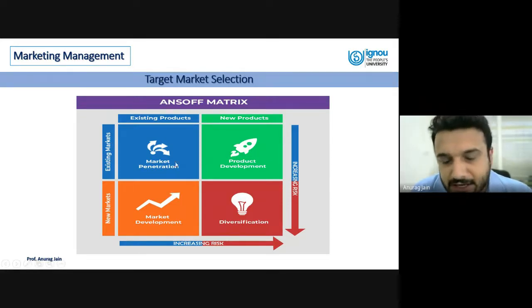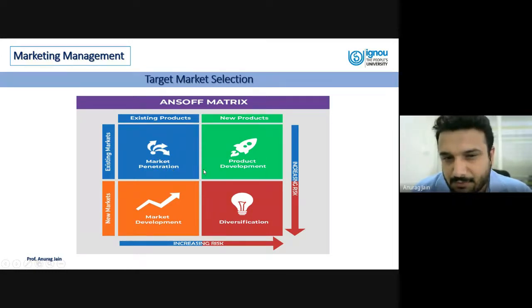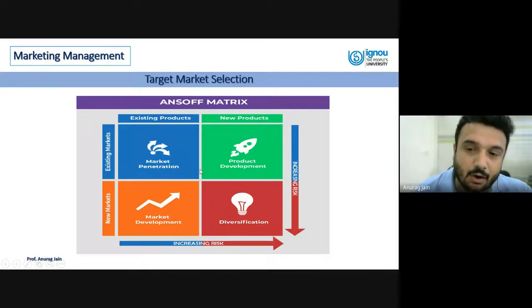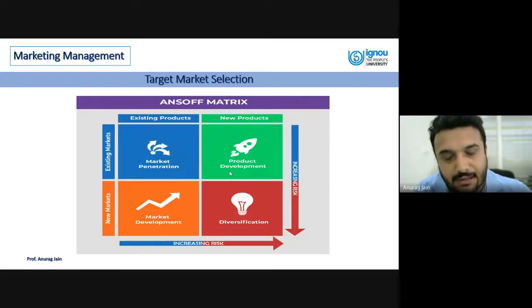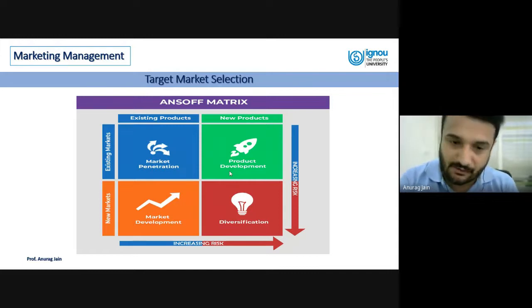The best strategy there is market penetration. Now, if the market already exists but you want to come up with a new product which has not been introduced by anybody else before, one can go for product development, because there is scope for it.